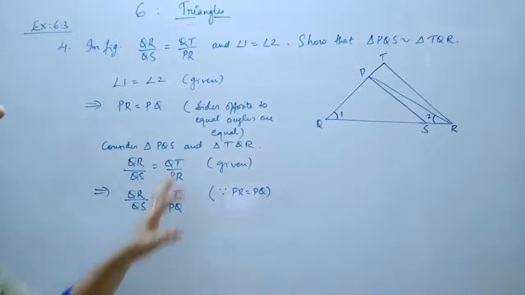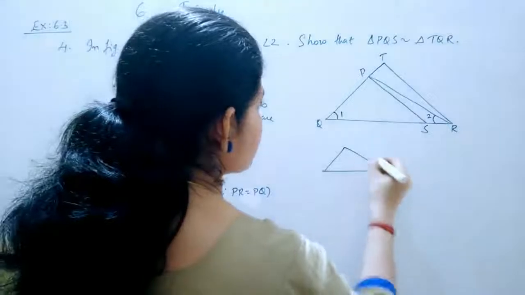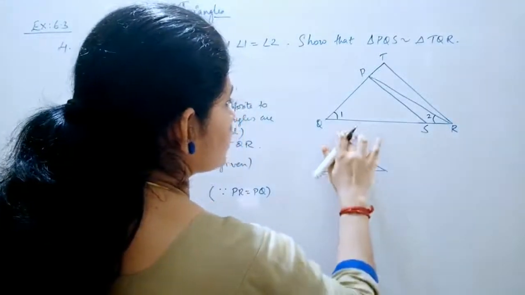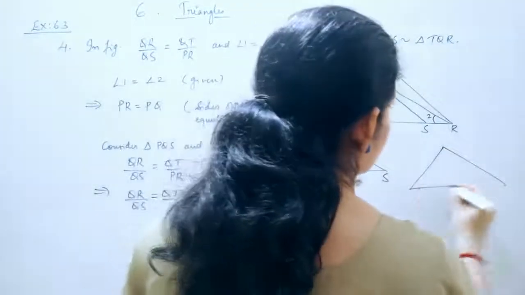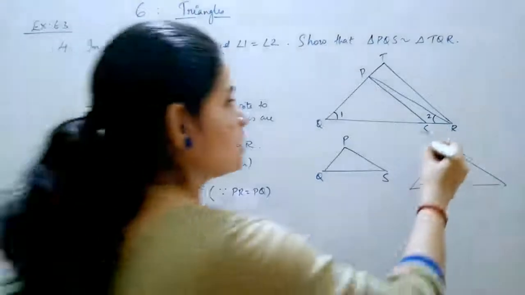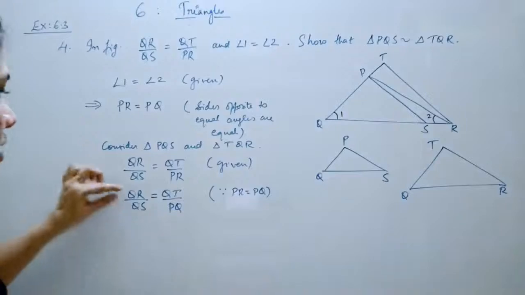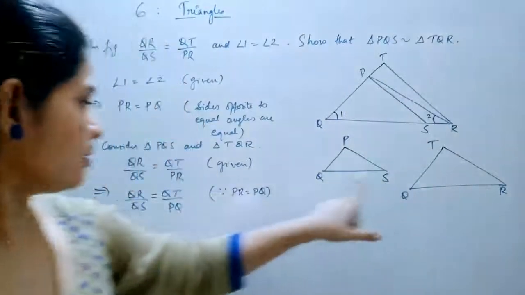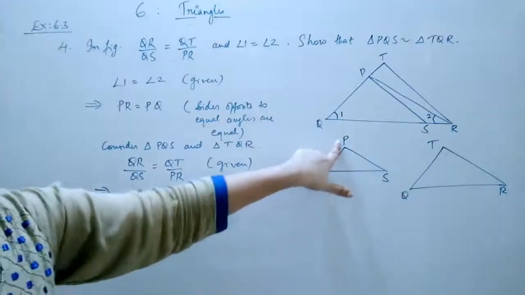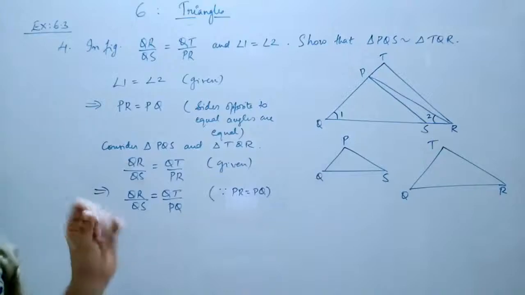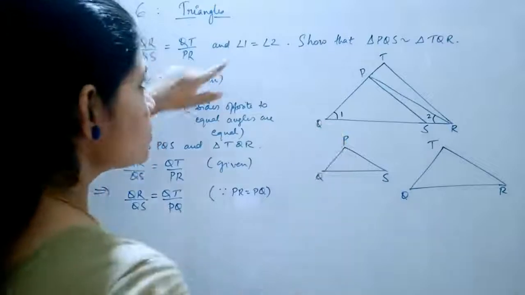Okay, now we will just separately draw the two triangles, PQS and TQR. So here the fraction which we got is, just see, QR by QS is equal to QT by PQ. Now if we get one angle in between, the option which we have is angle 1 equal to angle 2 was given.